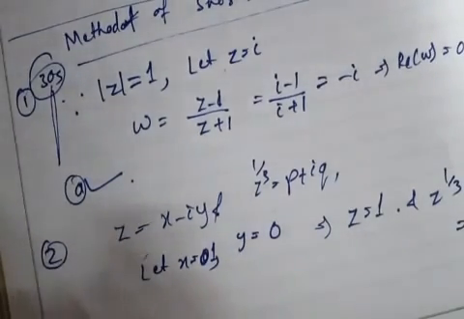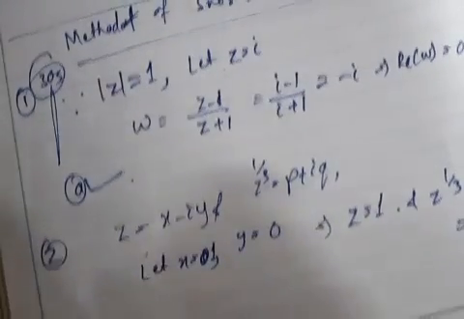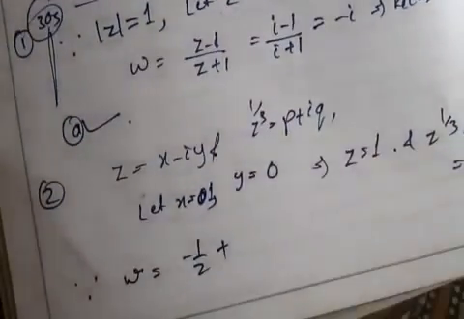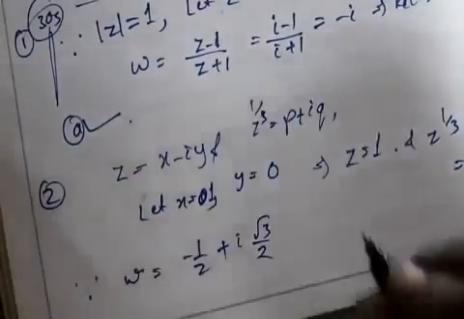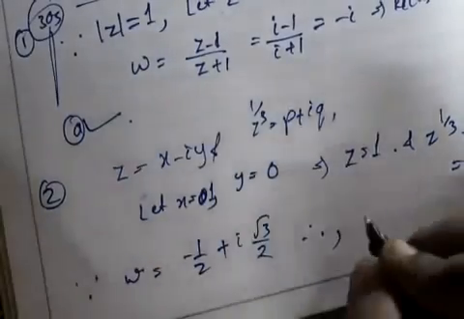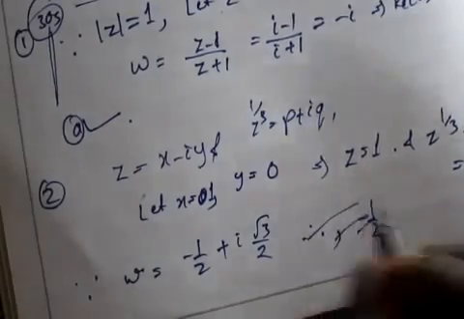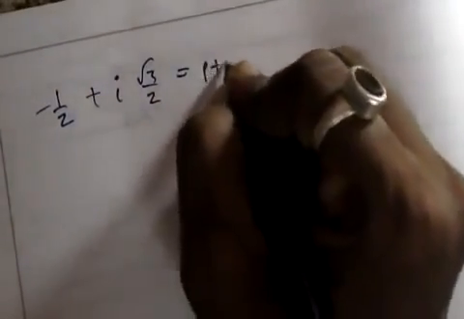We know that ω = −1/2 + i√3/2. Therefore −1/2 + i√3/2 = p + iq.